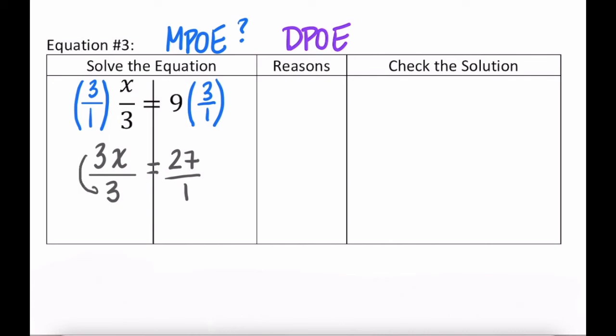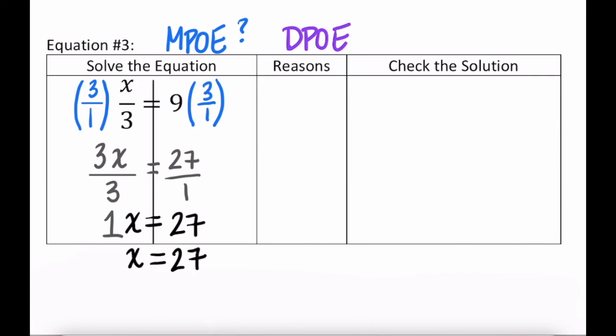What is 3 divided by 3? That is just 1. So now we have 1x equals, and what's 27 divided by 1? That's just 27. And then finally, what is 1 times x? That's just x. So right now we're left with x equals 27.